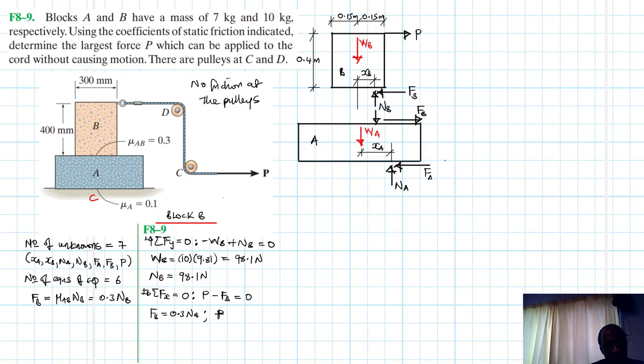Therefore, our P will be equal to 0.3 by 98.1. So this gives me 29.43 newtons.